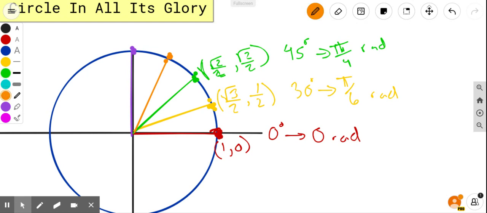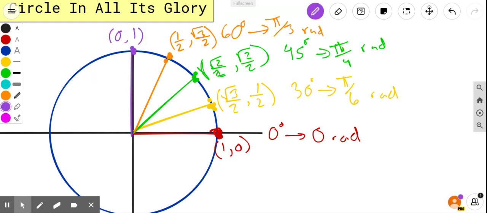We have the 1 half comma radical 3 over 2, which is the 60 degrees. That corresponds to pi over 3 radians. And lastly, we have 0 comma 1, which is the 90 degrees, also known as pi over 2 rad.